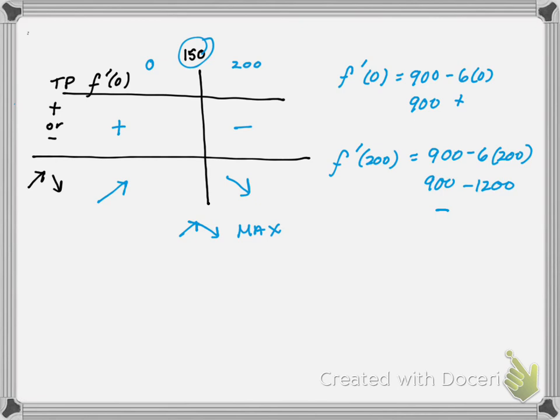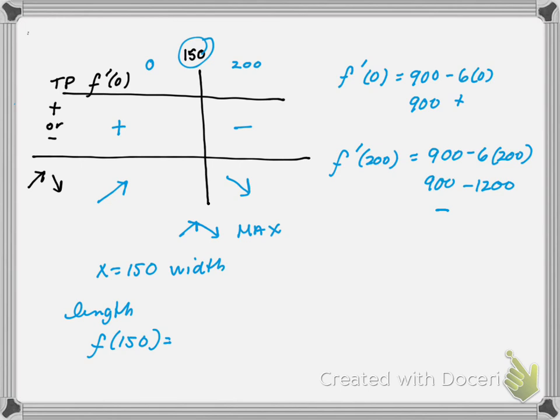That's what x equals. So x is 150, but it's asking us, what are the dimensions? So remember, x is going to be the width, right? So now I have to find the length. To find the length, I'm going to plug 150 into the original equation.